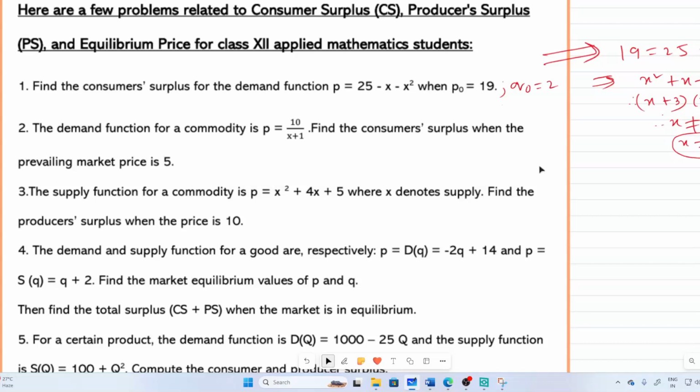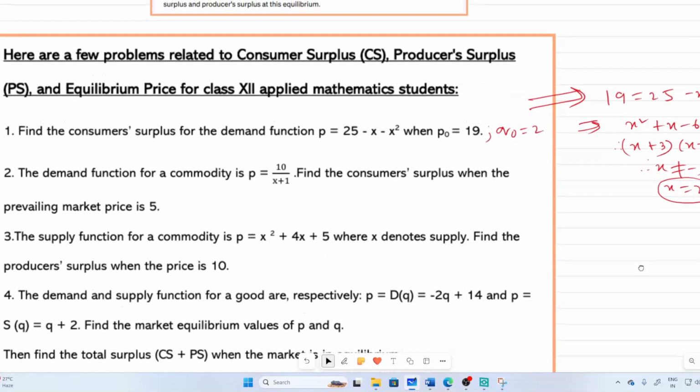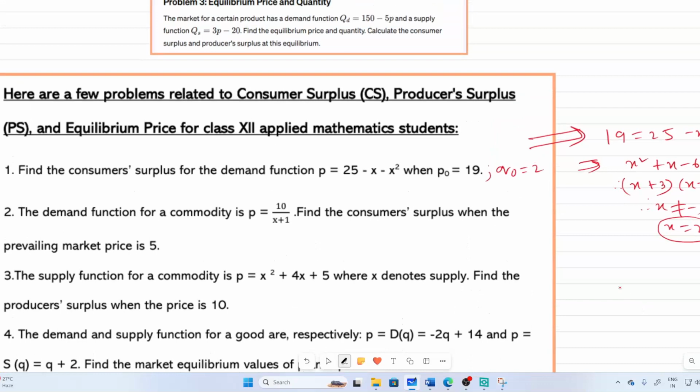Now let me remind you of that demand function once more. The supply function is not given, but you got the equilibrium price. This portion you can find easily. How?